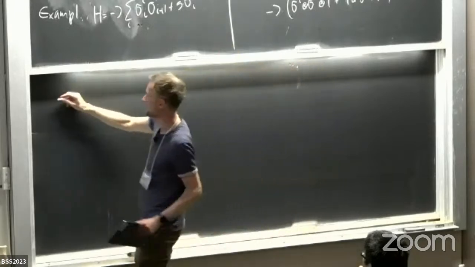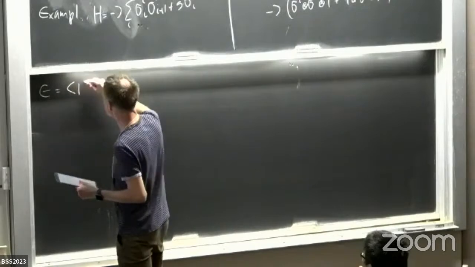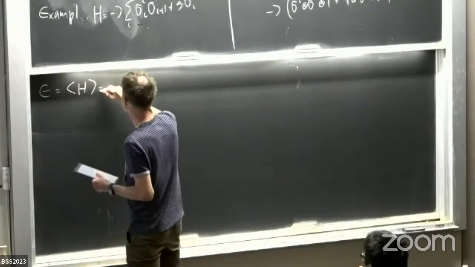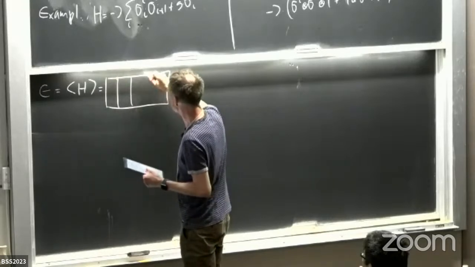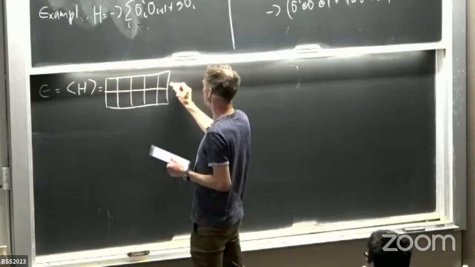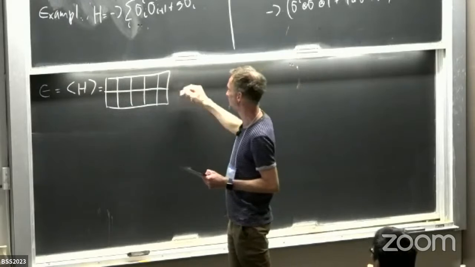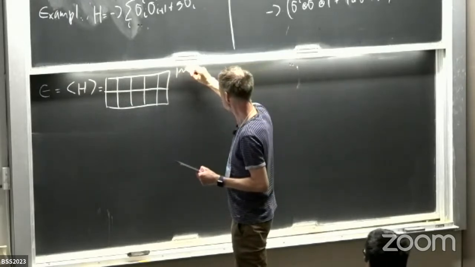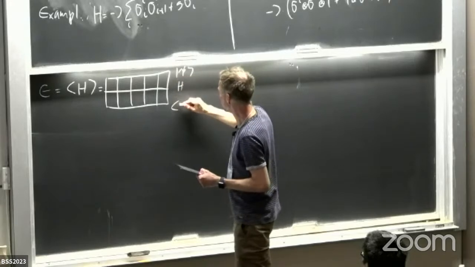Now we can calculate the expectation value, like the energy, as the expectation value of our Hamiltonian, which graphically looks something like this. This here is the MPO of our Hamiltonian. Here it's maybe psi, here is our Hamiltonian, and here is psi conjugate.